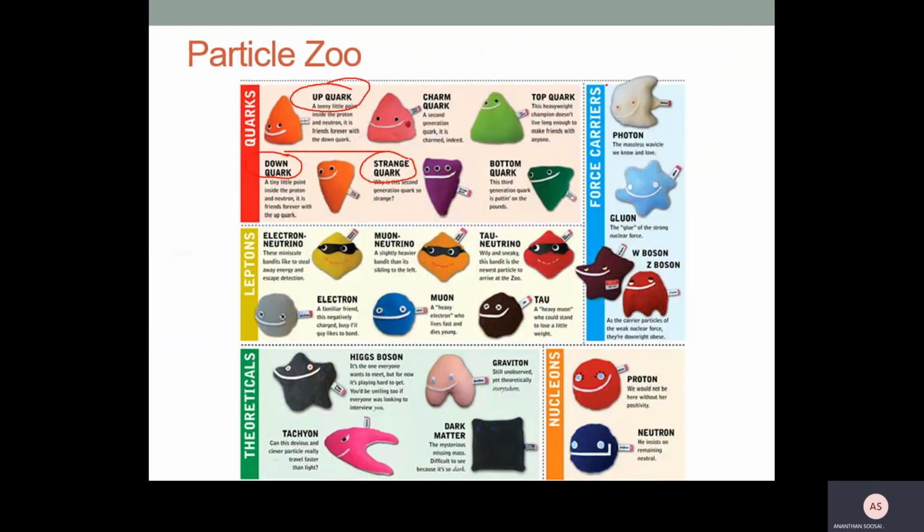The charm, top and bottom, these three no need. And for leptons, there are 6. The ones you need to know are electron and electron neutrino. These two you need to know. The muon and tau are good to know, but they won't ask in the exam.